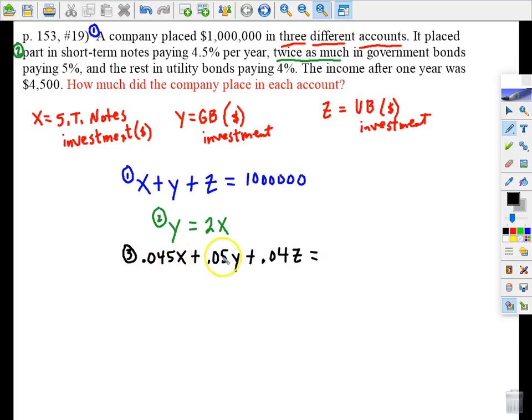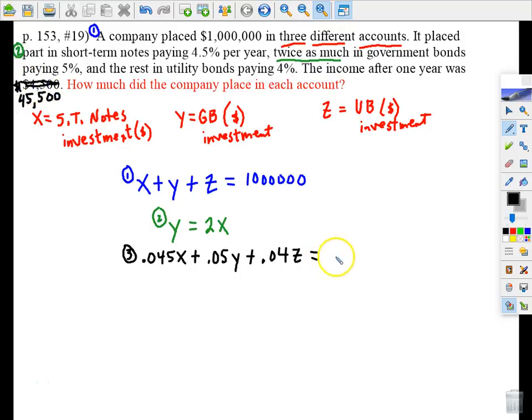If we take all of the separate returns from each of our investments, we should end up with a total of $4,500. And I typed that in wrong. I'm sorry. I'm just going to make that change right now. I don't know where I got 4,500. It should be 45.5. I apologize for that, but I don't want to do this video over, so we'll just make that little adjustment.